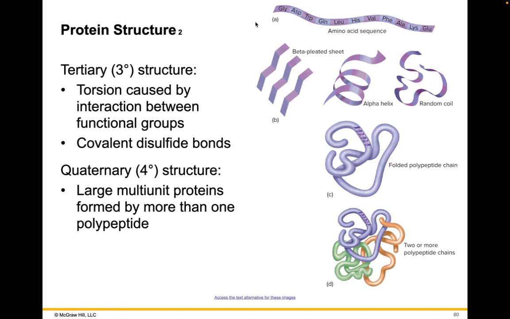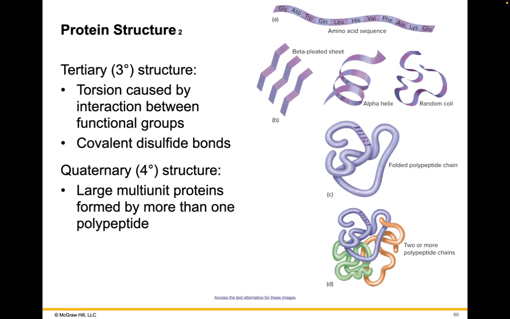So in our primary structure, we have a polypeptide chain with a specific order bound by peptide bonds. In our second level of protein shaping, we have the beta pleated sheets and alpha helices. Then the R groups interact and form, oh, by the way, these are going to be hydrogen bonds holding these together in the secondary level. In the tertiary structure of a protein, you can have hydrogen bonds. It's whatever the R groups can form between each other.